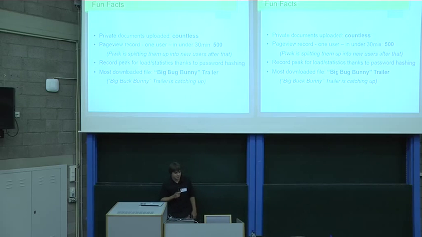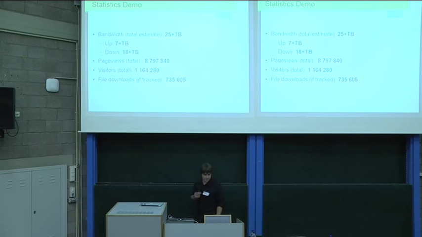And the most downloaded file, which is funny, is actually Big Buck Bunny, which was on there for about 1.5 years probably. It got fixed finally after someone submitted an issue. Just a bit of the statistics: we have handled about 25 terabytes of data transfer, with 7 terabytes of upload and 18 terabytes of downloads.